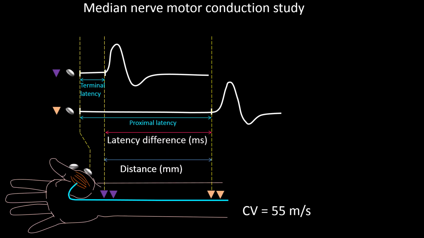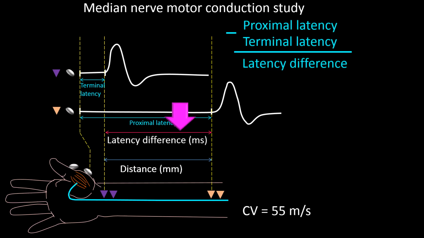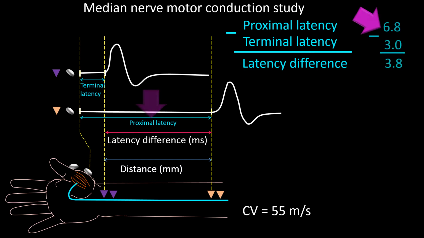The first step in the calculation of conduction velocity is to determine the latency difference by subtracting the terminal latency, which is 3 milliseconds, from the proximal latency, that was 6.8 milliseconds.